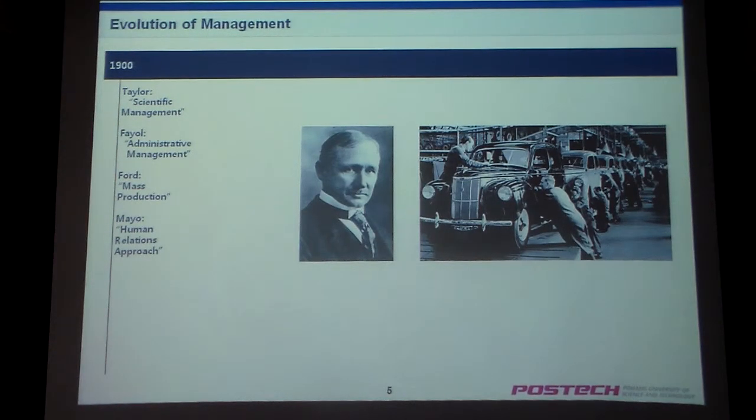Production management and information management have been related very closely to each other, particularly on the basis of industrial engineering. So this is an industrial engineering information strategy course, and we particularly introduce the evolution of management in terms of production and information.